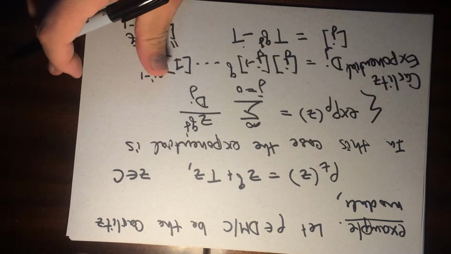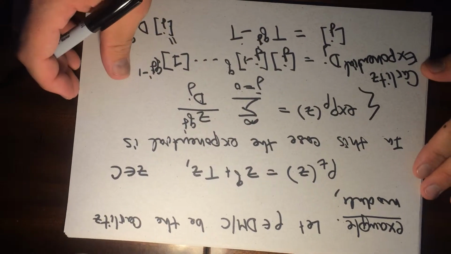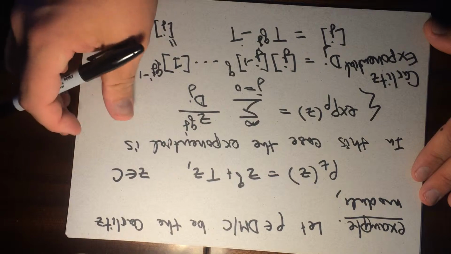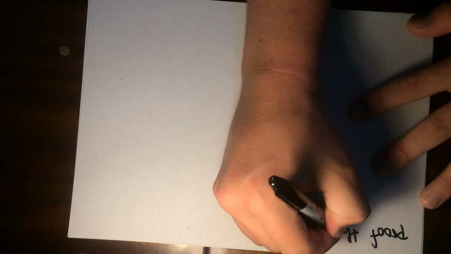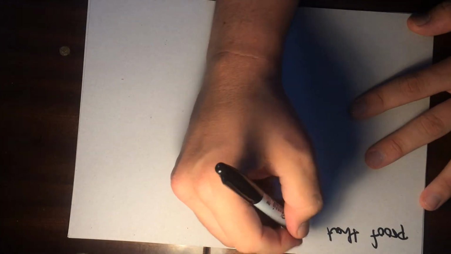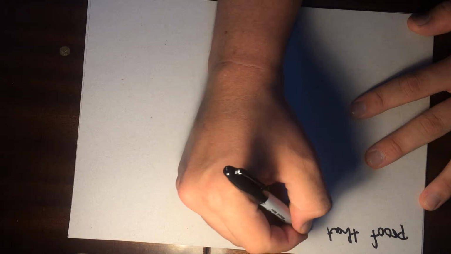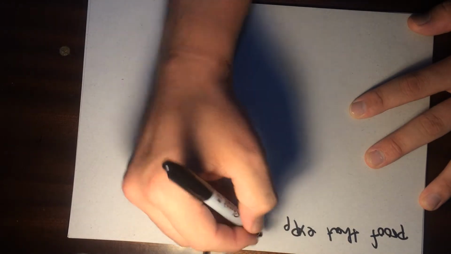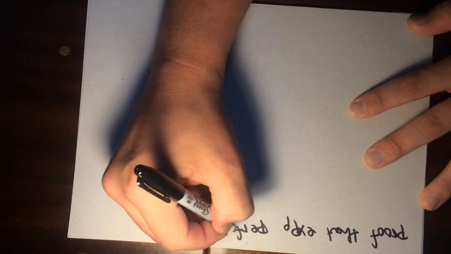And I want to prove this. I want to make this claim. I want to prove that this function here is actually the exponential for the Carlitz module. So the proof is that it performs as advertised.